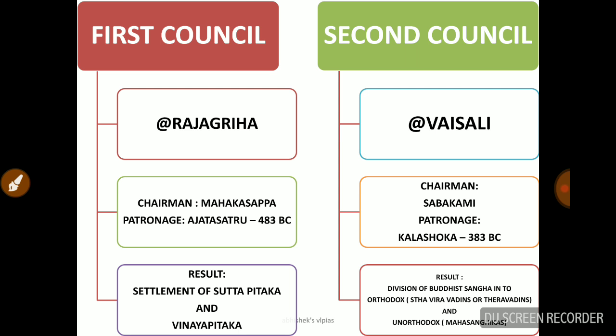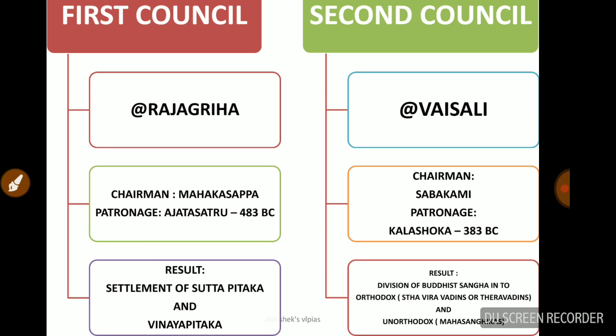Then comes the second council. It happened in Vaishali, the chairman was Sabakami, and the patron was Kalashoka, 383 BC. And what is the result of this one? The division of the Buddhist Sangha into Orthodox and Unorthodox. So a split happened in the Sangha.